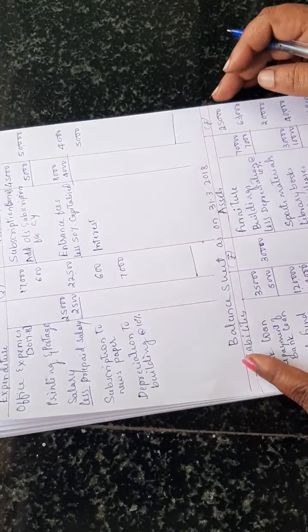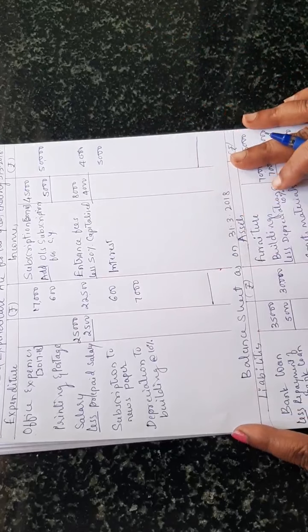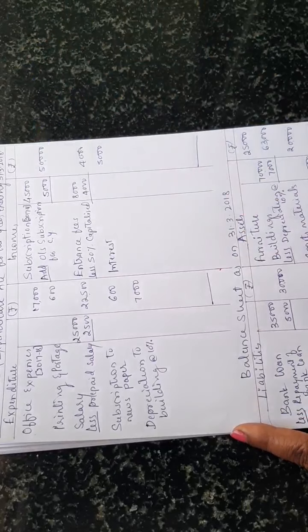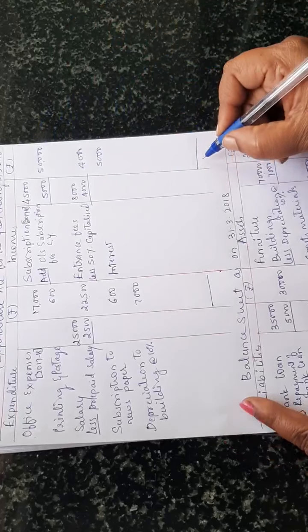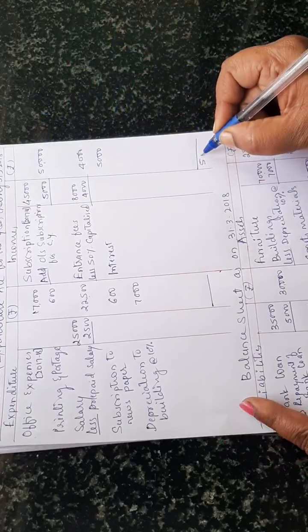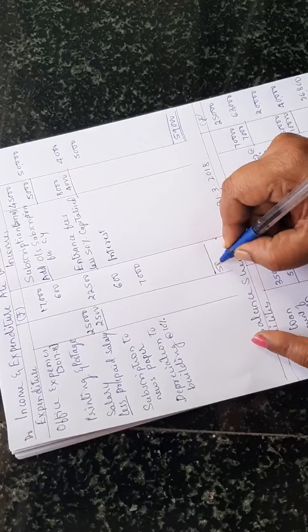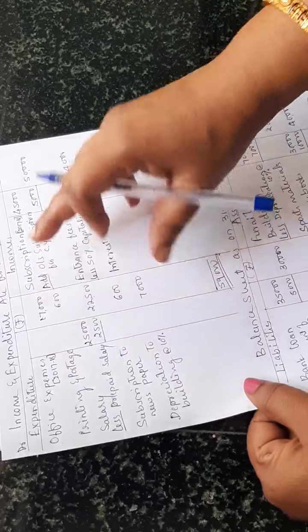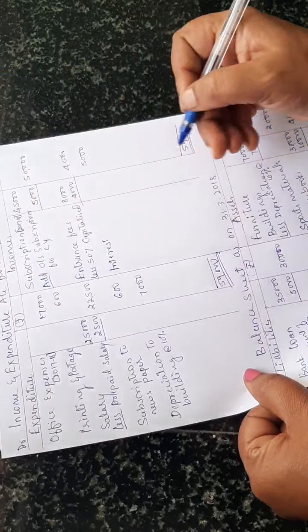Which side is more? Obviously generally it will be income only. We just confirm once later. 50,000, 59,000. 59,000. This side also 59,000. And what are the total? Look at this, total 6, 5, 12, 17.